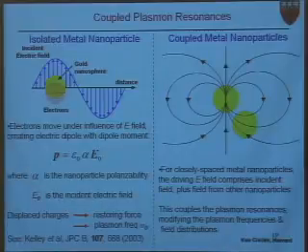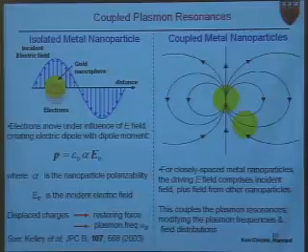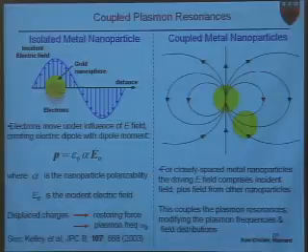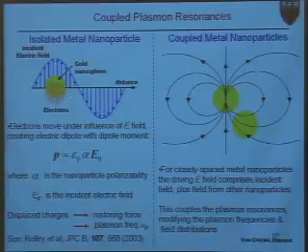And for gold and silver, what's interesting is that these frequencies correspond to the visible part of the spectrum. So these particles scatter light very strongly in the visible wavelength range, and this has actually been used to produce some types of stained glass. Okay, so this is a single particle.